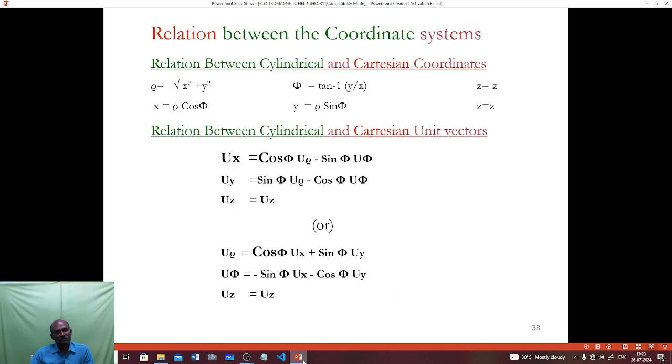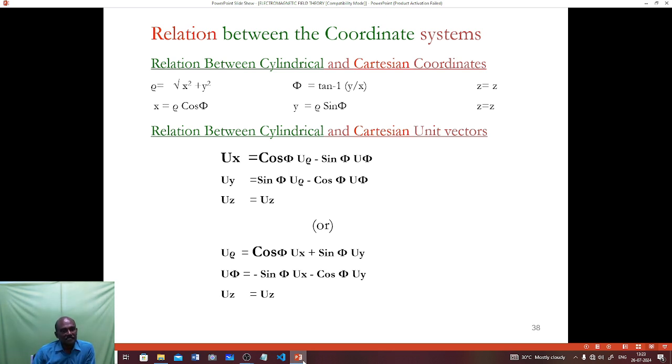Then, how do we convert one system into another? We can convert the parameters from one system to another. Rho, the cylindrical parameter, can be related with the Cartesian parameters x and y: rho is equal to the root of x square plus y square.